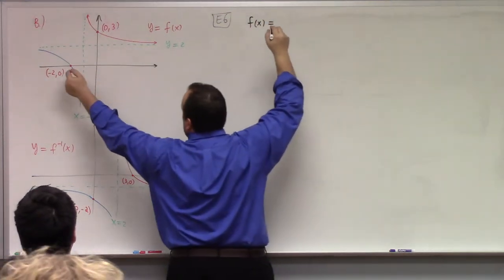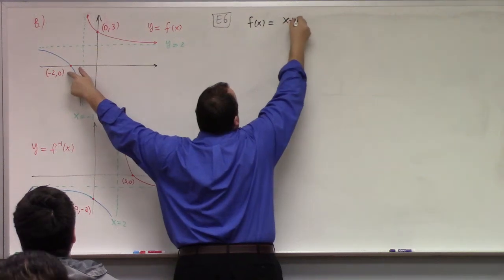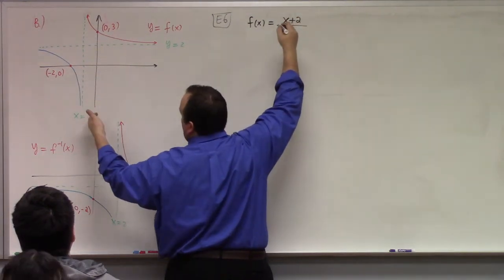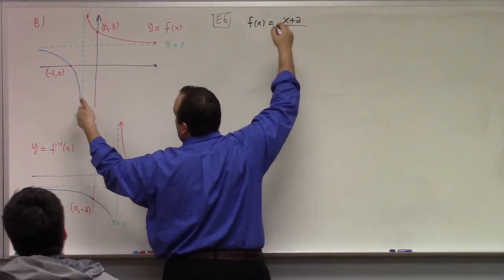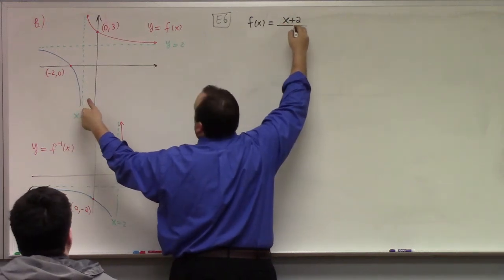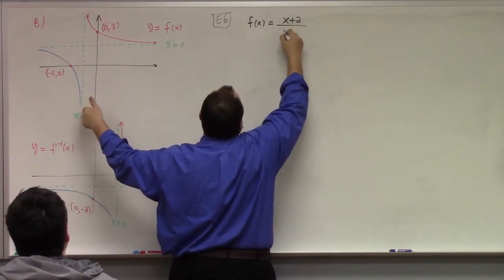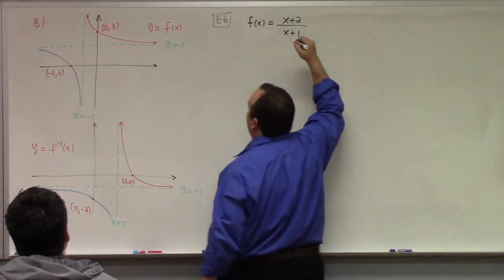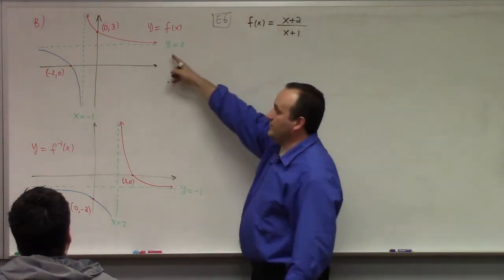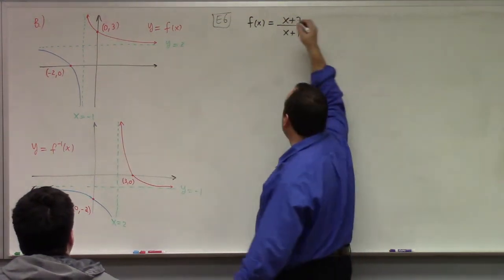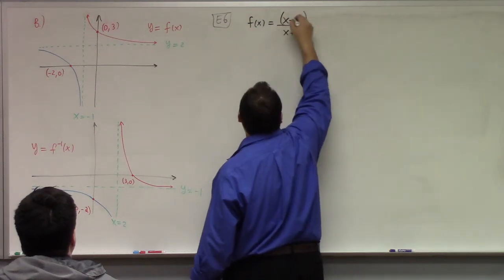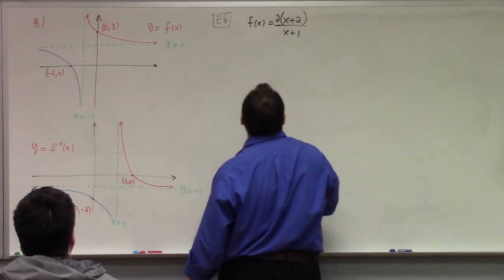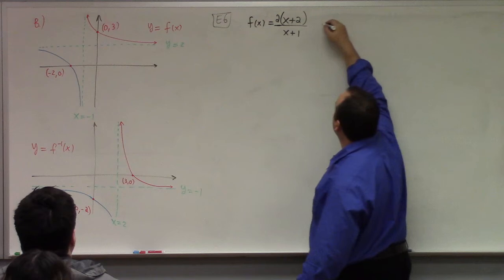Well, I need an x plus 2 upstairs, right? Thank you. And I need a vertical asymptote at x plus 1, right? And I need a horizontal asymptote of 2, so that means I need to take the top times 2.